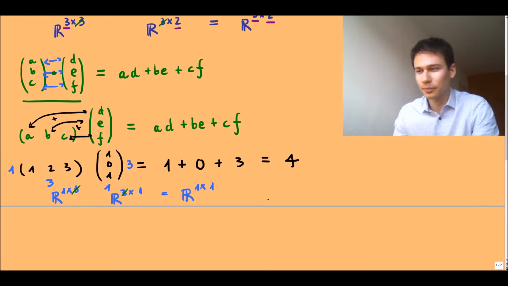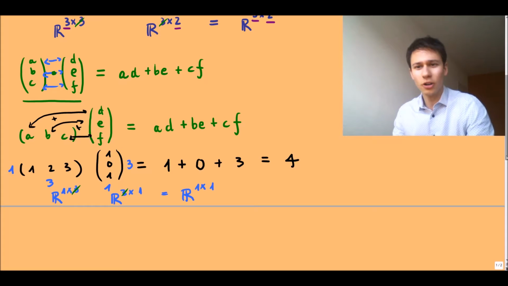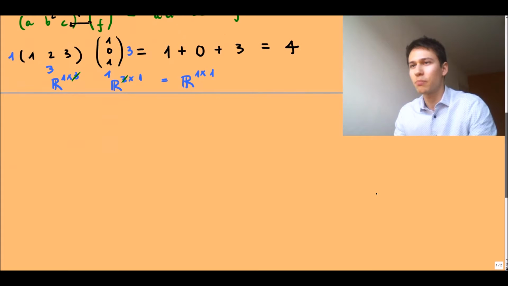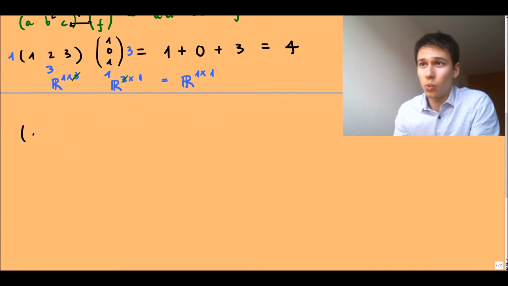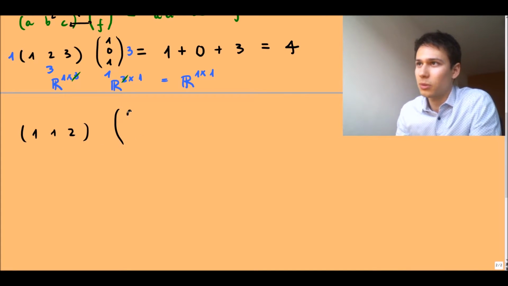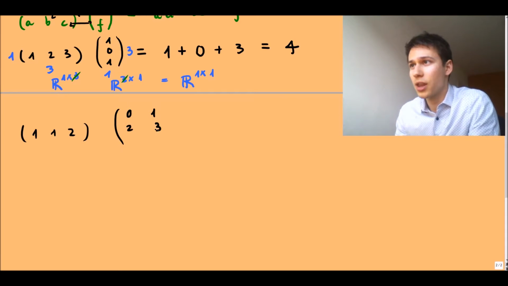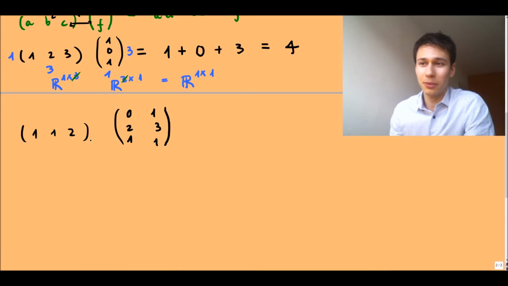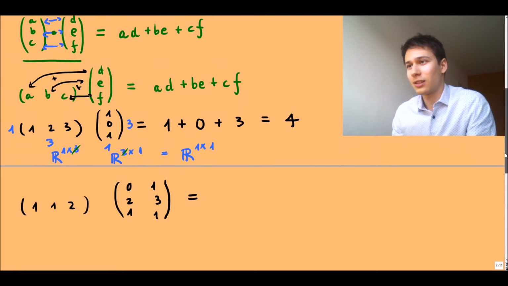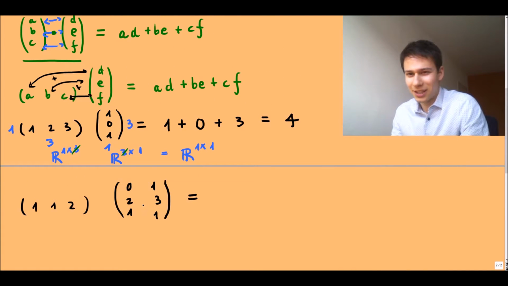This was a 4. And so let's look at a harder example where we can apply what we've learned right now. Suppose we have the matrix 1, 1, 2, and another matrix, in this case a bigger matrix, which would be 0, 1, 2, 3, 1, 1. Now, how do we multiply such two matrices? Because as you can see, we now have a bigger object as our standing vector, right? So how do we do that?